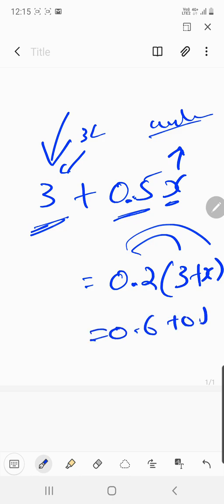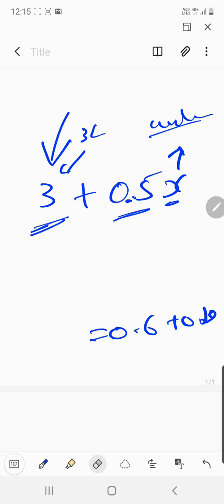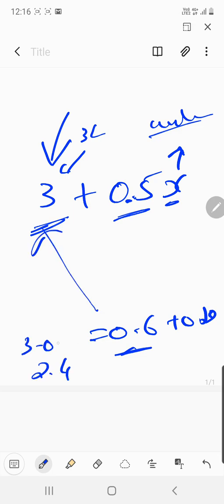0.6 plus 0.2x, that's what this becomes. And then some math here and there. Take this, subtract from this, goes to the other side. 2.4, 3 minus 0.6, which is equal to... something seems wrong.